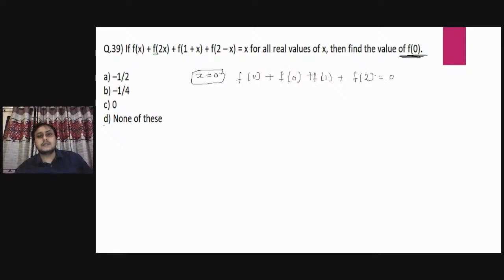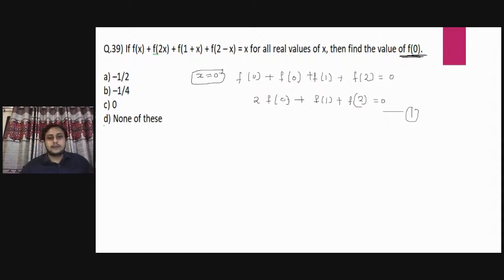Equals to x means equals to 0. So this is what, twice of f(0) + f(1) + f(2) equals to 0, right? So this is first equation.